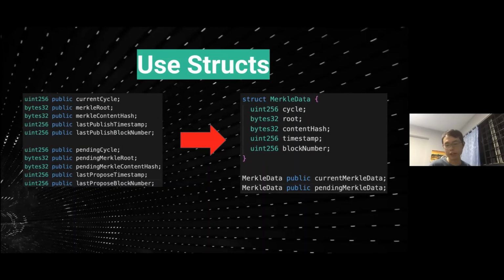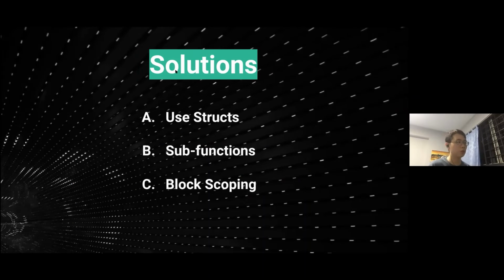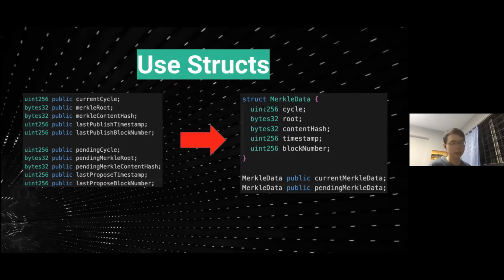The first is to use structs. Let's say you have many variables here. In this example, you declare a cycle root, content hash, timestamp, and block number, and then you repeat that for a different cycle.